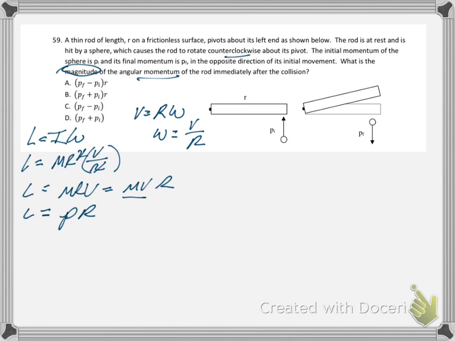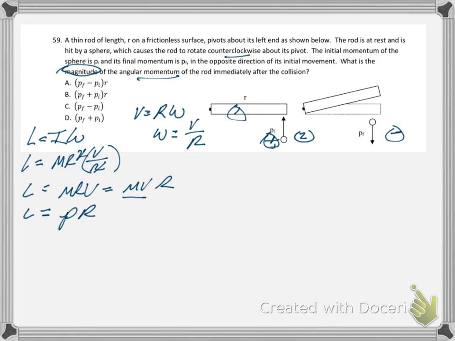All right, so now we can look at what's going on here, and we can call the bar object 1, and the sphere object 2. When a momentum is going upward, we're going to say that's a positive direction, and when it's going downward, we're going to say it's a negative direction.